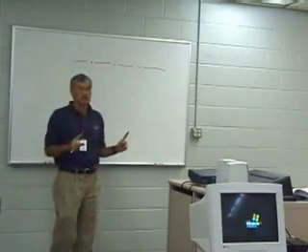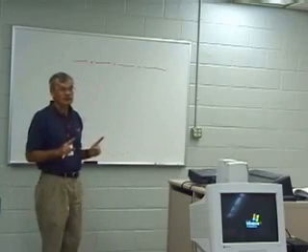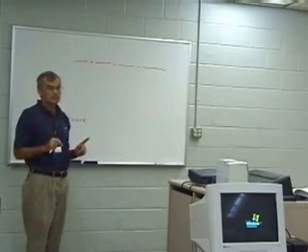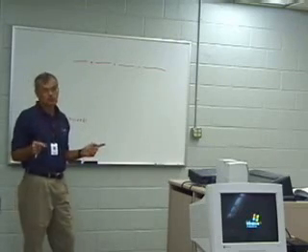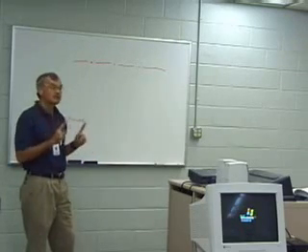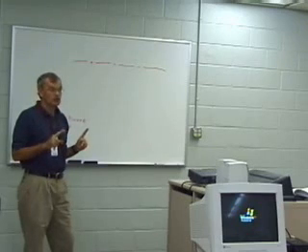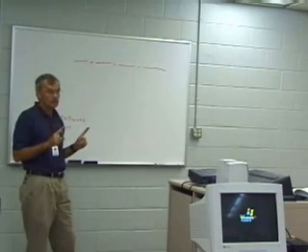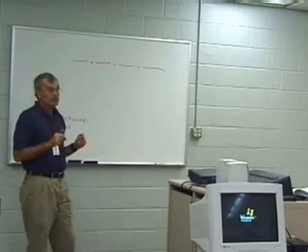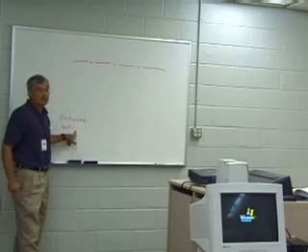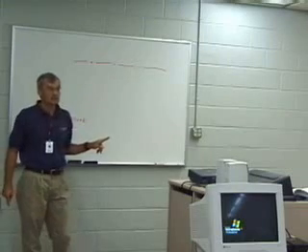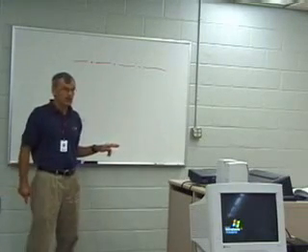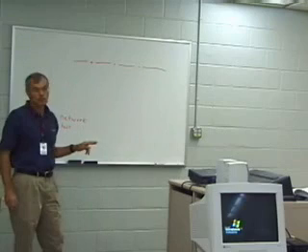The network address portion is the same for every machine on your network. And if you have your network broken down into smaller parts, which we're going to call subnetting, every machine on that subnet is going to have the same network portion. But each machine has its own host portion. Every machine on the network has to have a different host number, but they all have to have the same network number.